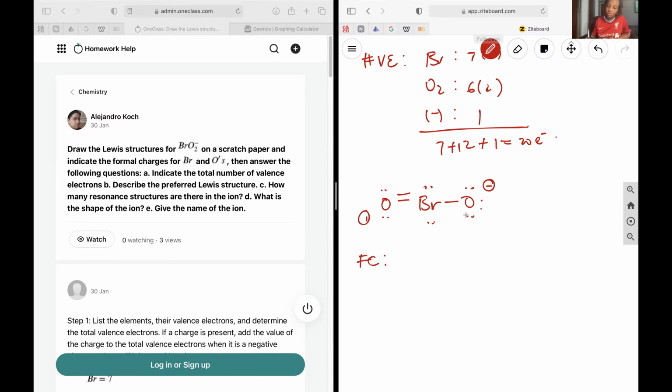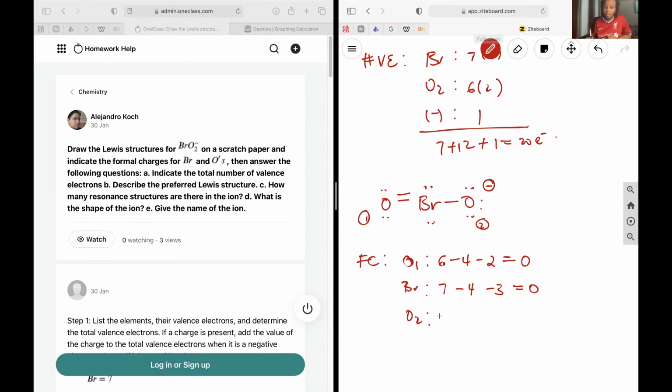We'll call this oxygen 1 and oxygen 2. On oxygen 1, I have 6 valence electrons minus the 4 in lone pairs minus the 2 in bonding pairs. And so that's going to give me a net formal charge of 0. On the bromine, I have 7 valence electrons minus the 4 in lone pairs minus the 3 in bonding pairs, giving me 0. So great, I've minimized the charge on 2 of them.